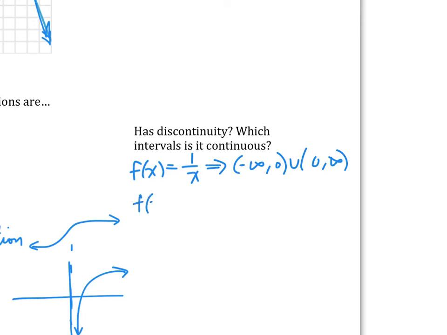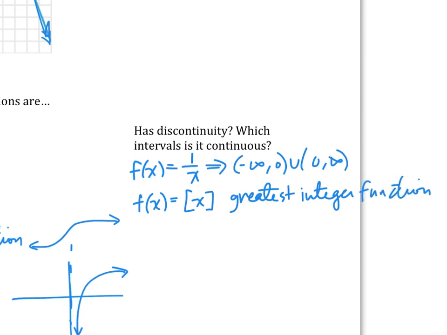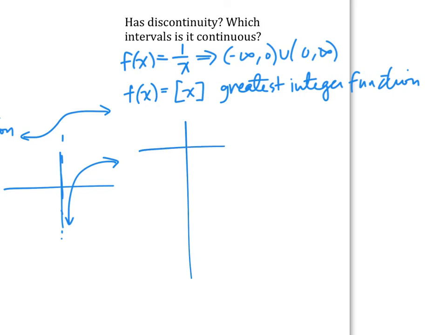And then this next one is a function we don't talk about very much: the integer function, or the greatest integer function. If you remember, it's basically something like this. Let's say you start from 0 and you want to go up to 1, and you pick numbers in between.